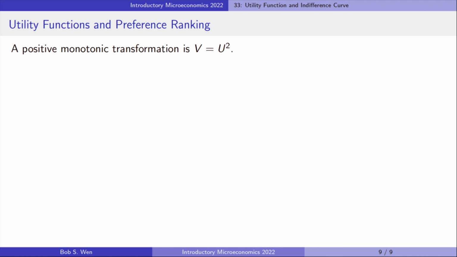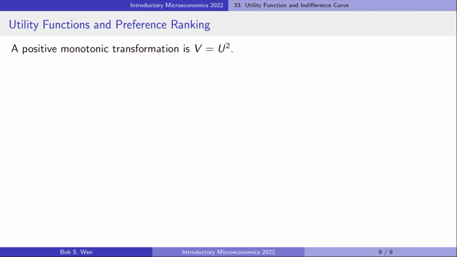In general, given a utility function that is consistent with a consumer's preference ranking, we can transform that utility function into an unlimited number of other utility functions that are also consistent with that preference ranking. The transformation is called the positive monotonic transformation.